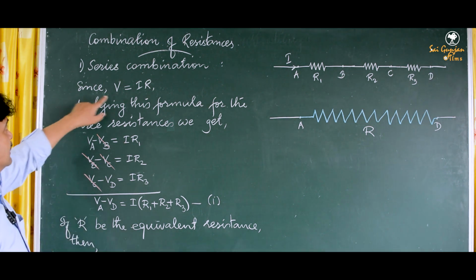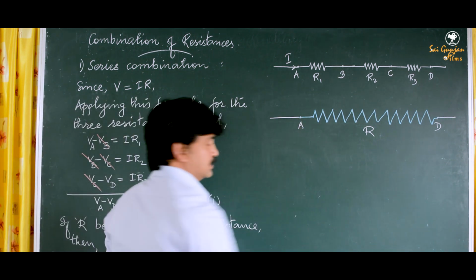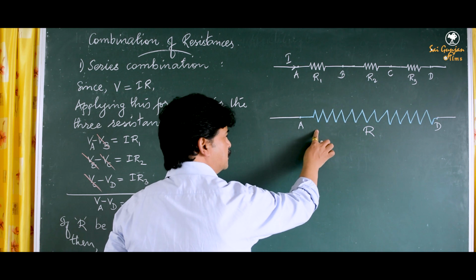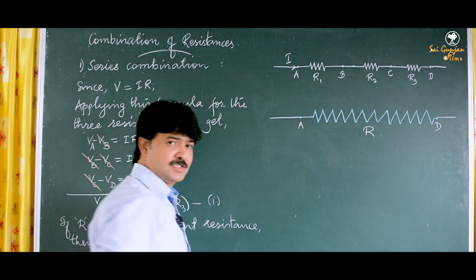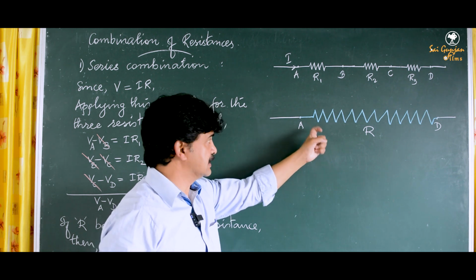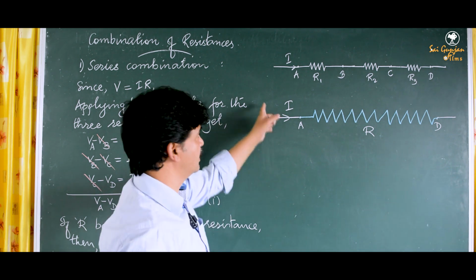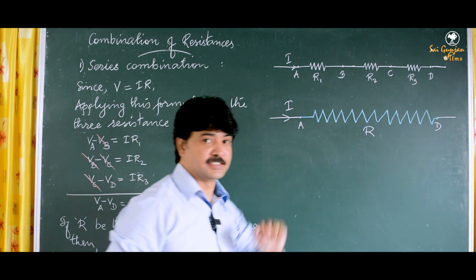Now we apply the same formula V equals IR for this also. In the exam you don't have to draw this particular diagram; this is for you to understand only. The rest of the thing will remain the same, the current will remain the same. Only the resistance is different here.